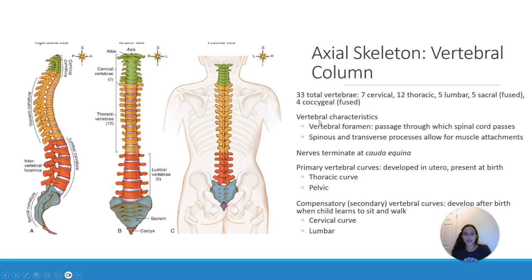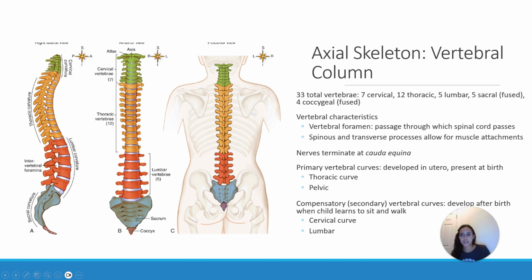Characteristics of your vertebral bodies. We're going to go over these during the live lesson because I don't have a picture up here, but the vertebral foramen is the passage through which the spinal cord passes. And you can see it here. These little holes are all the vertebral foramens of each one of these vertebrae.